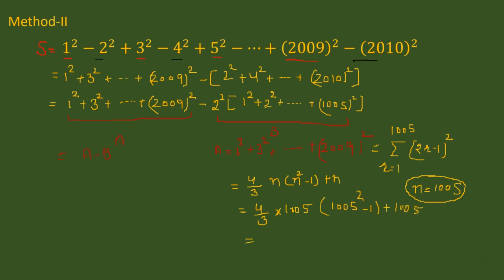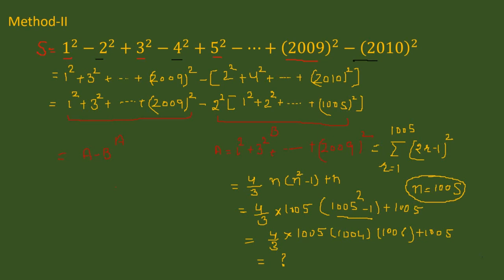Now further simplify, using a square minus b square for this expression: 1005 minus 1 is 1004, and 1005 plus 1 is 1006, plus 1005. Now simplify this expression.